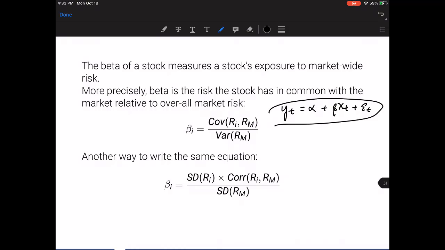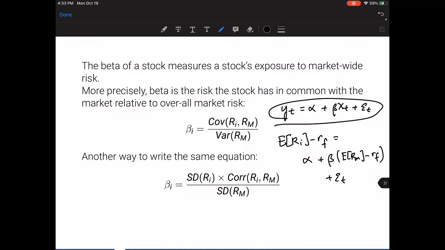But what you're actually going to be regressing is the expectation of R_i minus the risk-free rate equal to alpha plus beta times the expected return on the market minus the risk-free rate, plus epsilon_t.